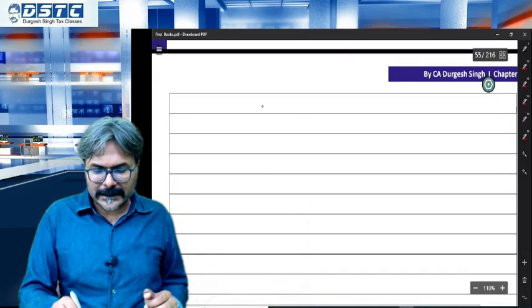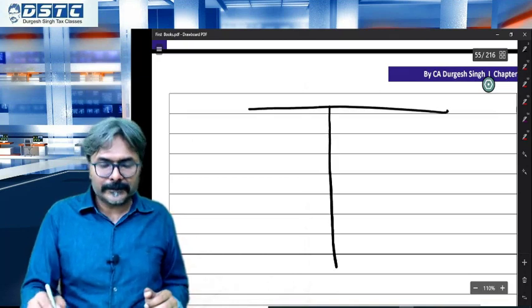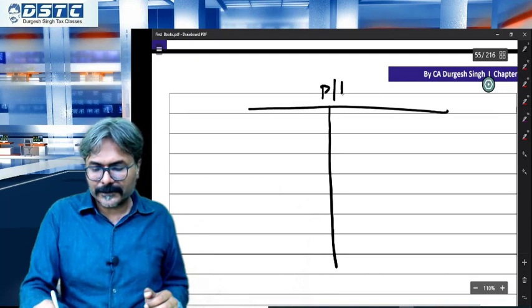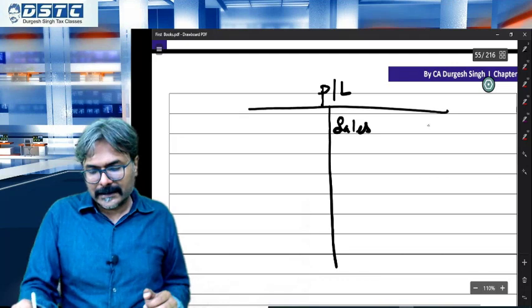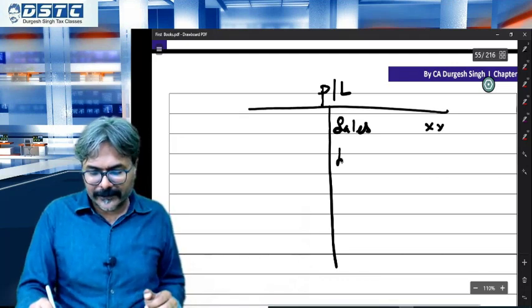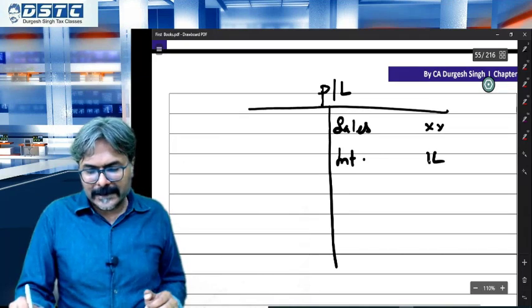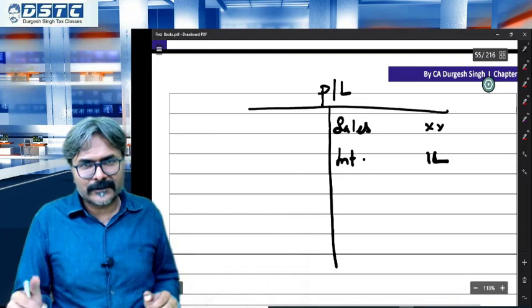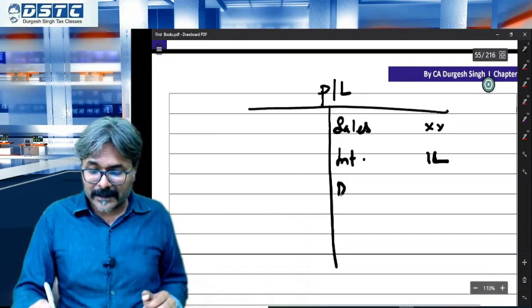Here it is a case where they would have given you the accounting P&L, the profit and loss account, isn't it? There would be sales amount, then thereafter say interest, say 1 lakh. This 1L is 1 lakh, but this is just for our lecture purpose. In the examination it is 1 lakh that you are supposed to write. Then say, for example, dividend.